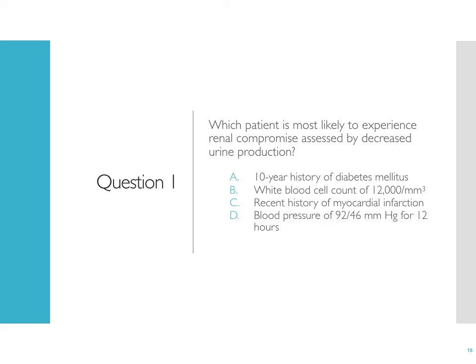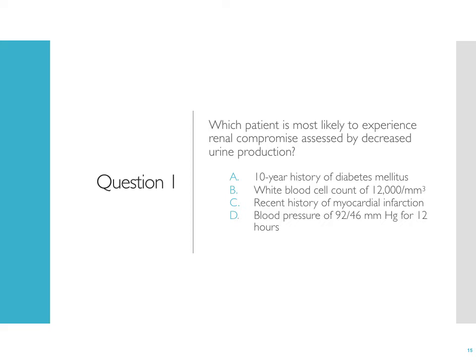But the blood pressure of 92/46 for the last 12 hours definitely would affect urine output because the kidneys have the ability to self-regulate the renal blood pressure. And the renal blood flow is what keeps the glomerular filtration rate constant.